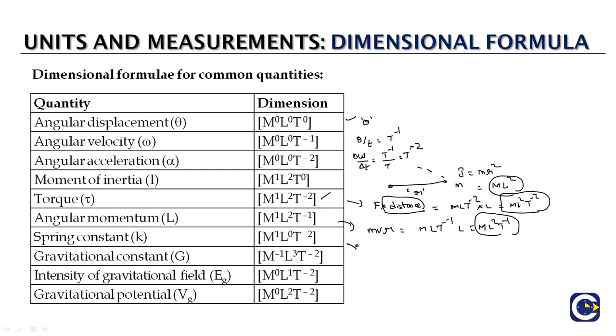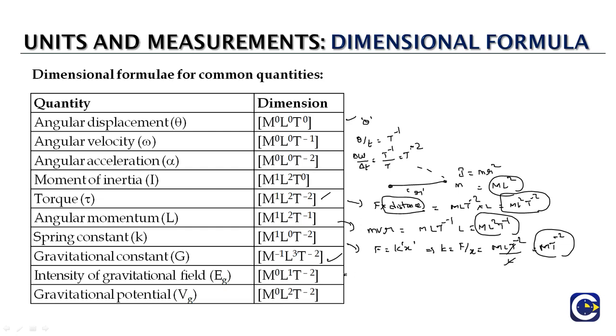Then the spring constant. If you have a spring, the spring force is given by F equals K into X, where X is the elongation or compression, which means K is equal to F by X. So M L T^-2 divided by L gives M T^-2, and that is the spring constant. Then we have the gravitational constant. We look at the approach we will take to find the dimensional formula for this.